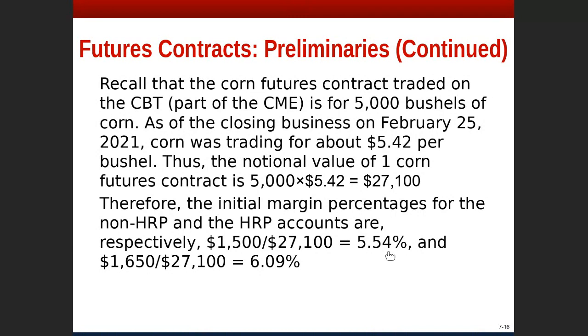That is 5.54%. Now, if you are a heightened risk profile investor, then your initial deposit is 1,650 divided by 27,100. So that's how much you have to deposit initially, whether you're buying or selling this particular contract.